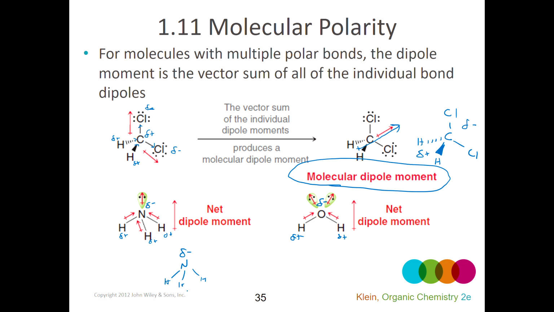And the average position of positive would be centered between those three hydrogens that are equally carrying equal amounts of positive. And then the same thing here. The only area of negative is on the oxygen, and the two positives on the two hydrogens balance out to be right in the middle. So one arrow or two partial charges shows which side of the molecule is negative and which side is positive.